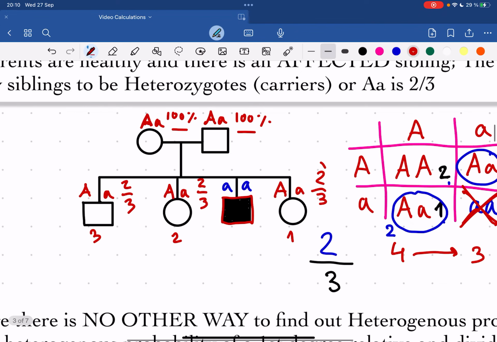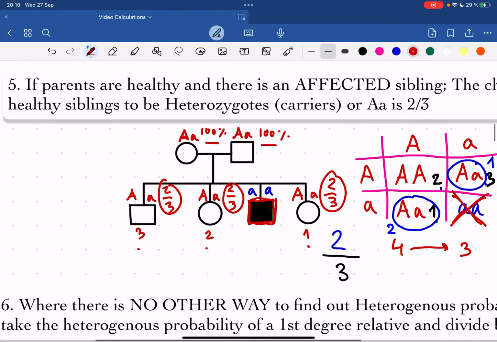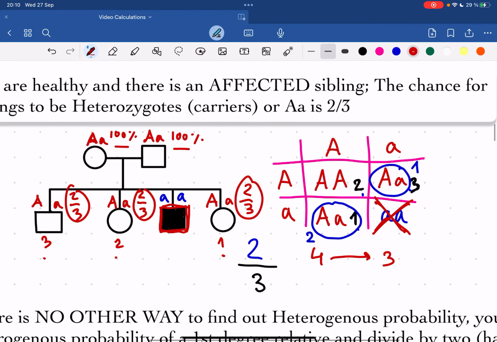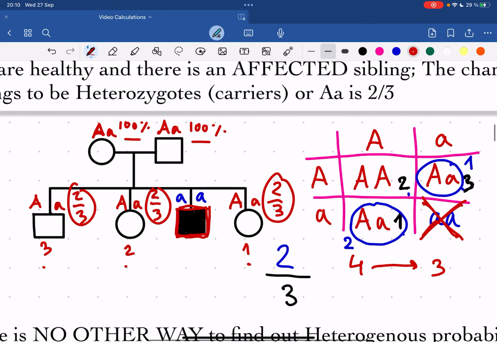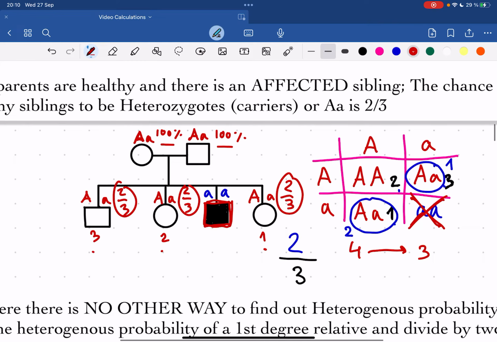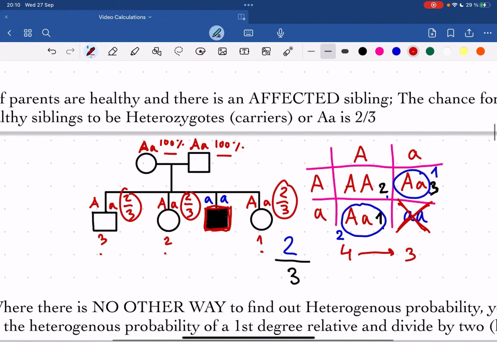So that's why when you see these siblings that are not affected, they have parents that are also healthy, but they have one sibling that is affected. These siblings will all automatically be 2/3 heterozygous. So this is very important. A lot of people just assume the 50% rule that will come up later. This is very important for recessive alleles, okay?